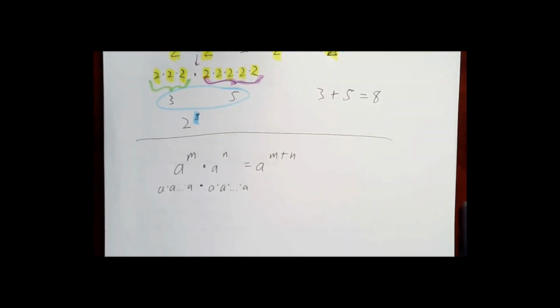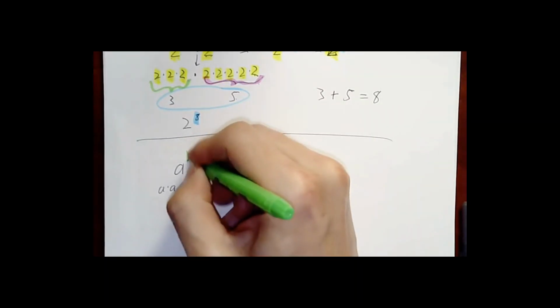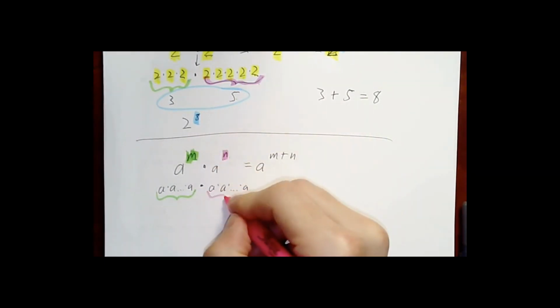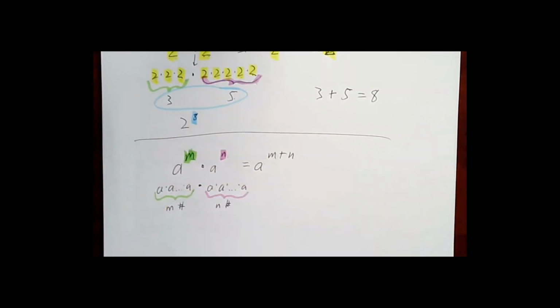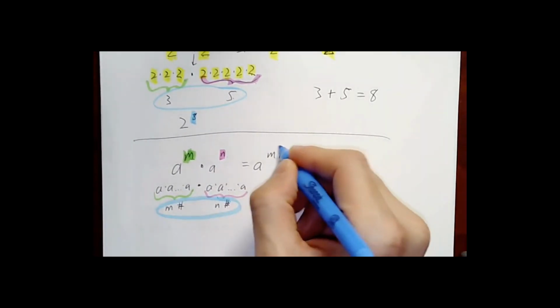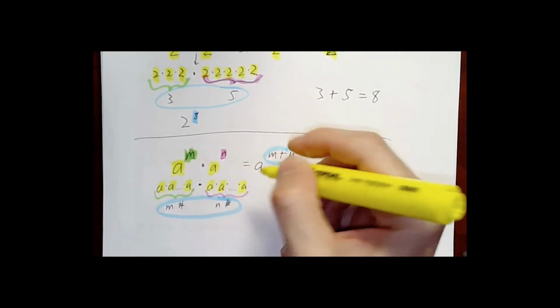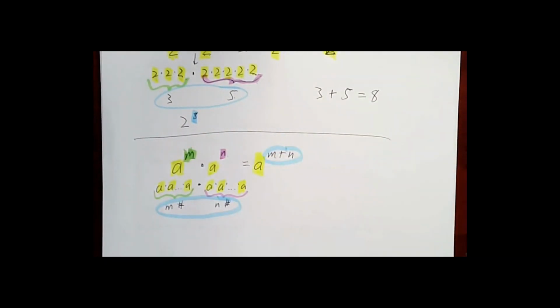And if you look at it the way I highlighted up above, I have m number of a's here multiplied to n number of a's here, bringing me to a grand total of m plus n together. And the base is all a. And that's the rule.